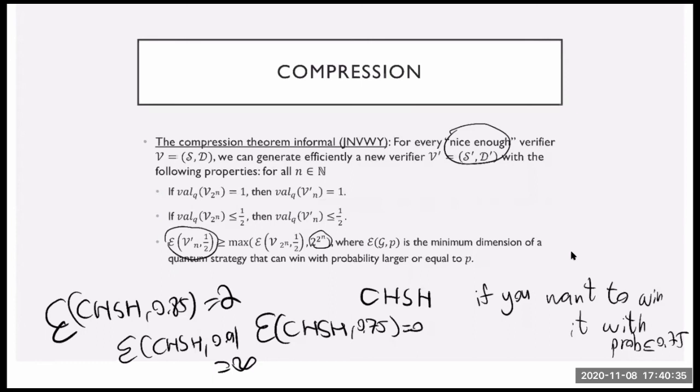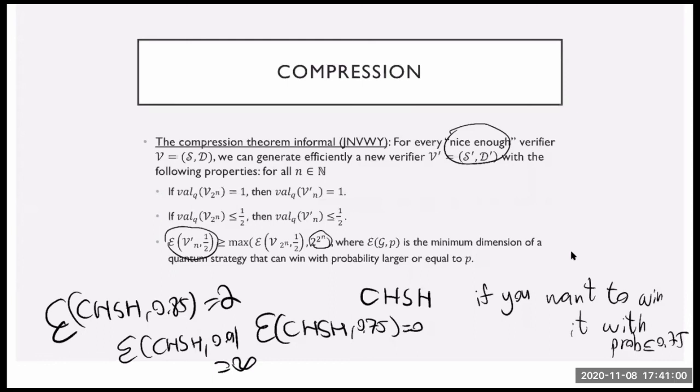But the first and second condition says nothing about the amount of entanglement you need. It states something about the connection between the values of games in different parts of the sequences, right? Michael, let's look at this really from afar.